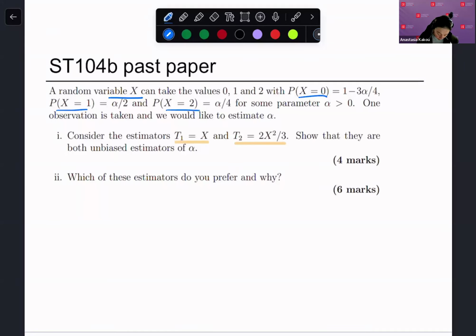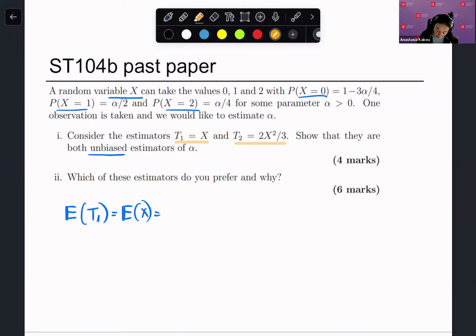When we're asked to prove that something is unbiased, we need to calculate the expected value of T1. In this case, it's simply the expected value of x, and we can do that using the distribution of x.